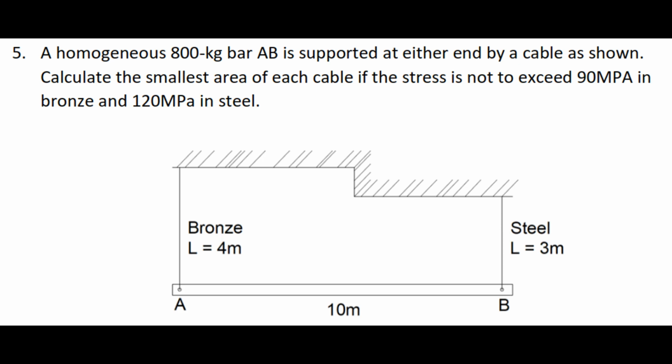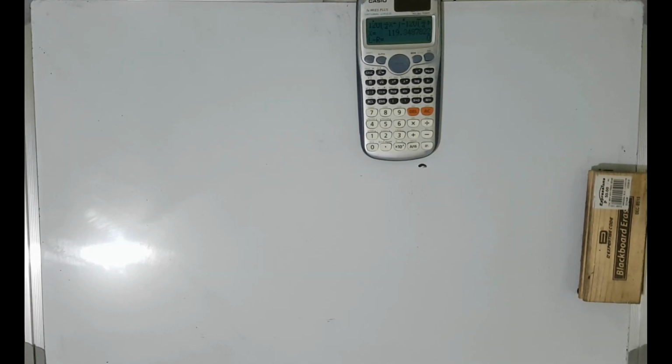For example number 5, a homogeneous 800 kg bar AB is supported at either end by a cable as shown. Calculate the smallest area of each cable if the stress is not to exceed 90 megapascal in bronze and 120 megapascal in steel.